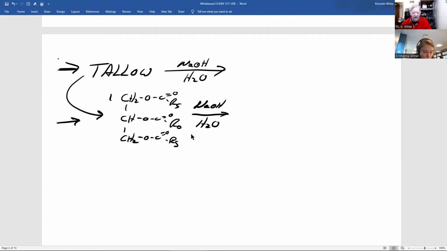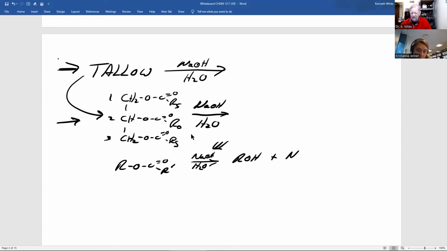And here we have 1, 2, 3 esters. And hopefully you learned for today's test, you take an ester, sodium hydroxide, and water, base or saponification of an ester, you get back the alcohol you would have used to make that ester, but in the presence of base, the carboxylic acid forms the carboxylate anion or salt, either one.